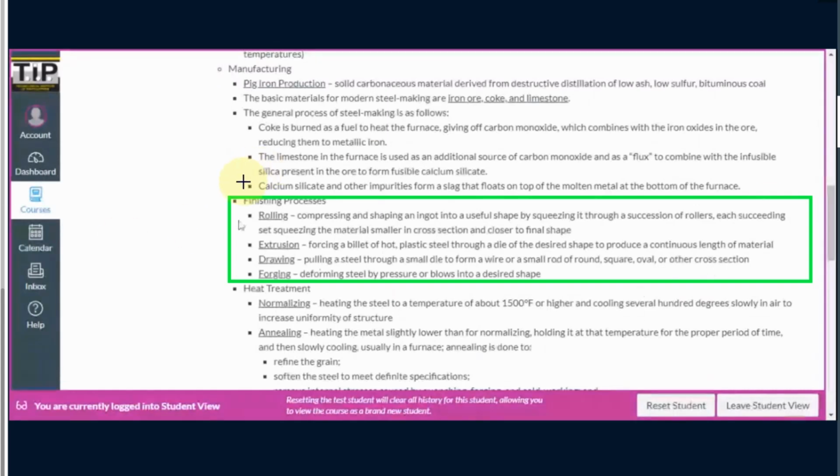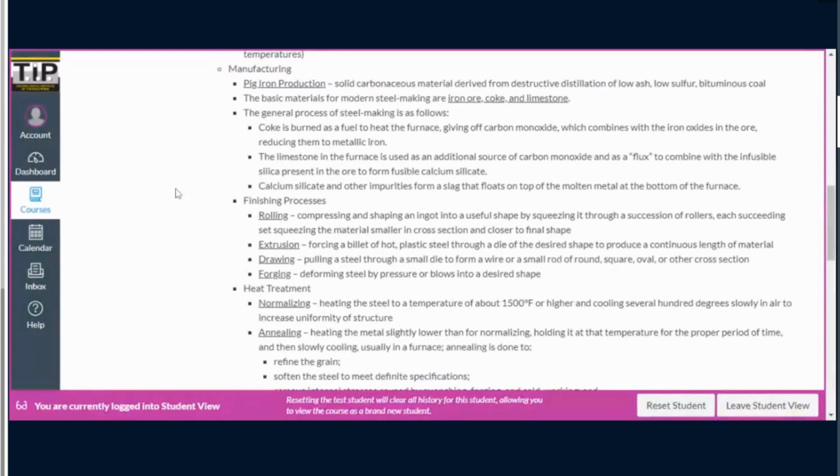So you have the molten steel, and then you let it cool a bit, and then you draw it through some sort of a hole, like a round hole, square, or oval. So pretty much like what you do when you get something through a very small hole, so it becomes some sort of a wire. So that's the drawing process.